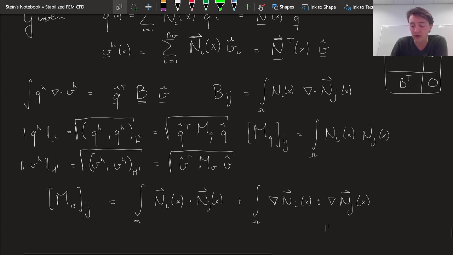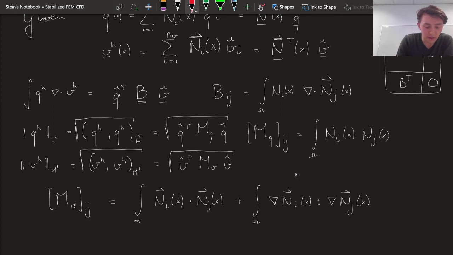Every different function space has a different mass matrix. The mass matrix is just a matrix that gives you the corresponding inner product if you perform this operation. Yeah, so for different function spaces, L2, H1, H2, you actually have different mass matrices. Okay, so now I have discrete representations of each one of the integrals that I wanted.